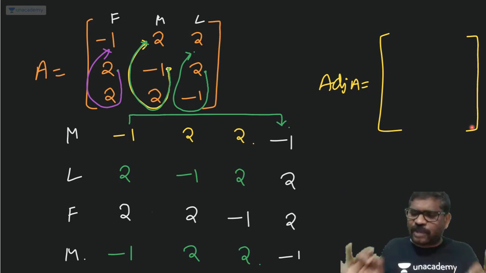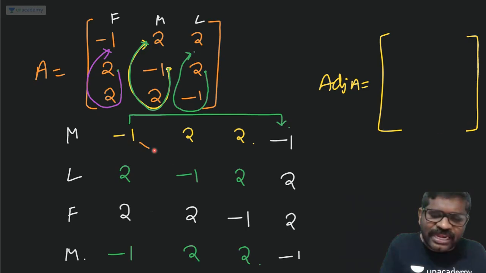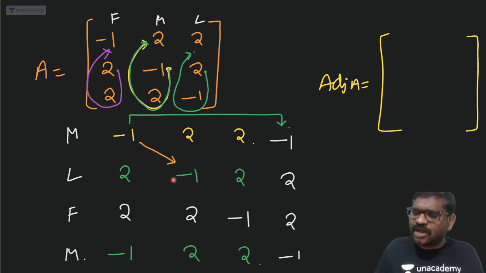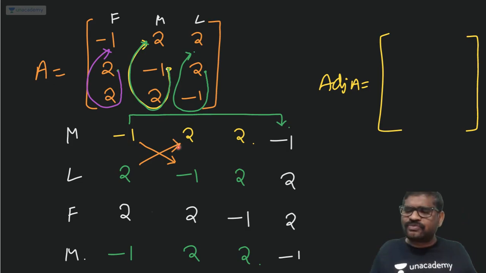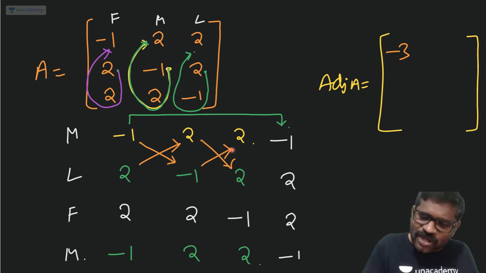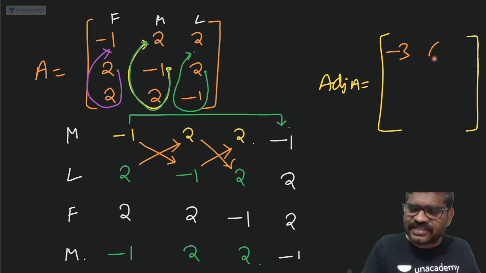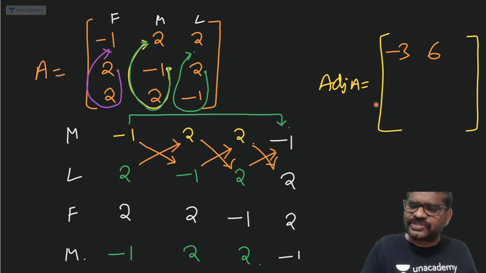You just have to apply the AD minus BC technique. -1 into -1, 1; -2 into 2, 4. 1 - 4, -3. Next, this product, 2 2 ja 4, 4 minus of -2, 6.